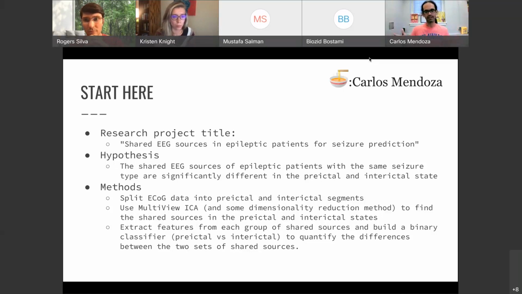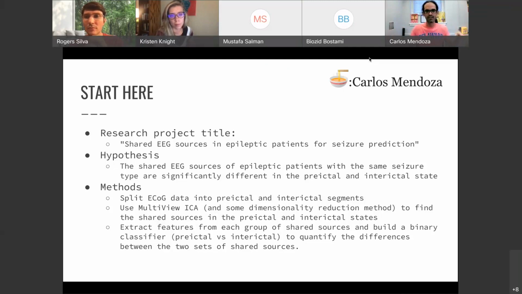First, I have to take this electrocorticographic data and split it into preictal and interictal segments. Usually, the preictal segment is just before the seizure starts, and is usually 1 hour long. The interictal segment is far away from the seizure, let's say 4 hours away.